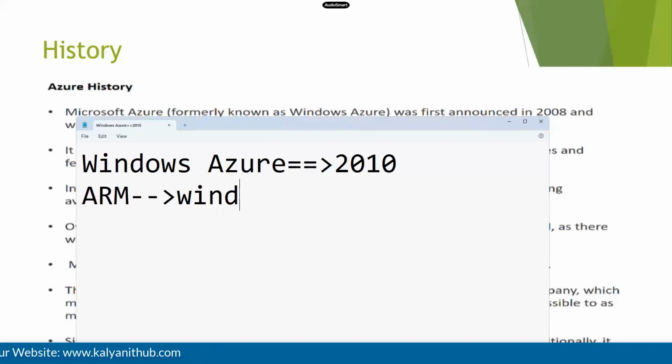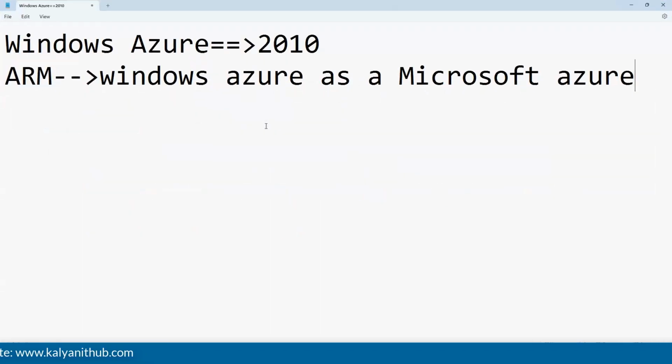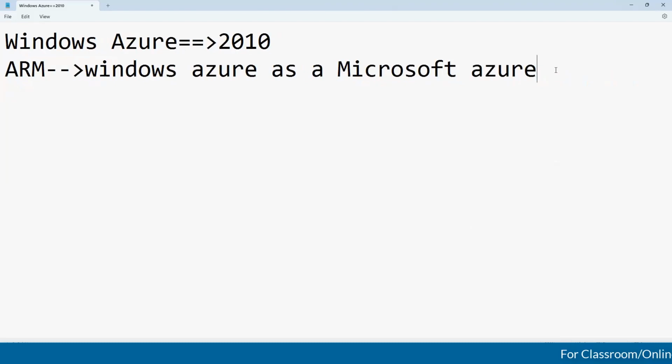Then they renamed Windows Azure as Microsoft Azure. So officially we now call it Microsoft Azure. Microsoft changed this name and introduced the new model in 2014.